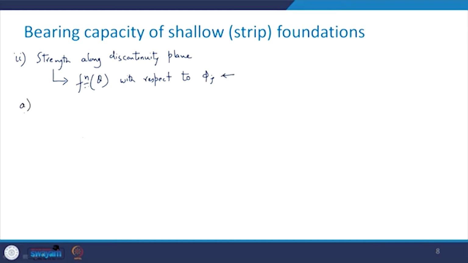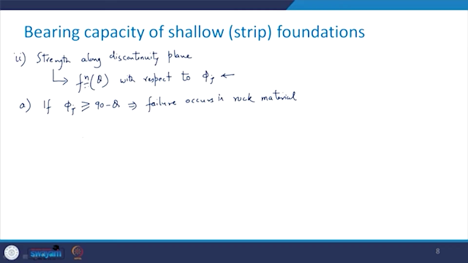So let us say that if phi j is greater than or equal to 90 minus theta, what does this signify is that the failure occurs in the rock material only. Please recall our discussion with respect to the theory related to single plane of weakness.